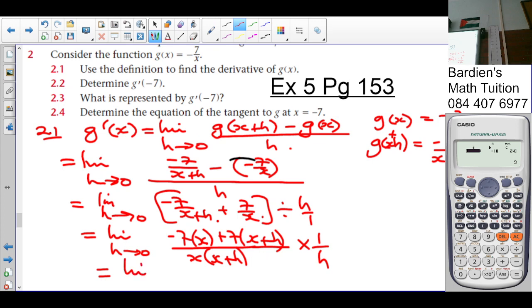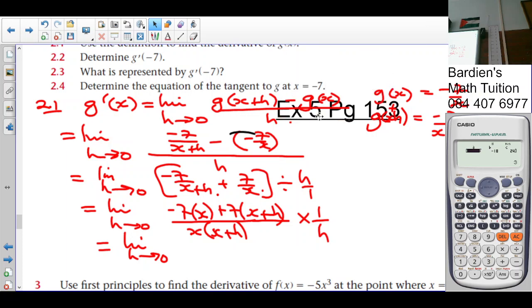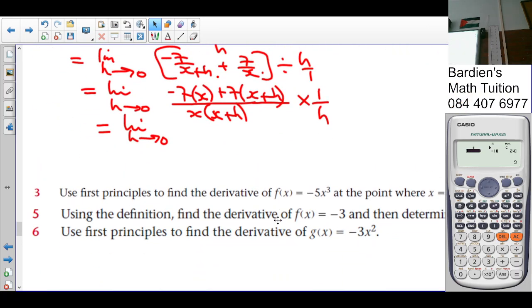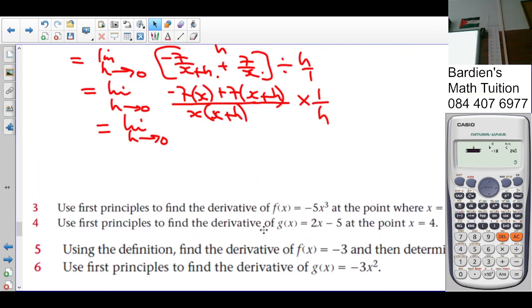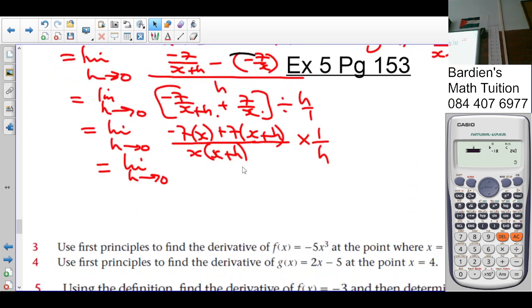So we have the limit as h approaches 0. Let's get rid of the bracket. Let's pull this down a bit. This h over 1 must become 1 over h.